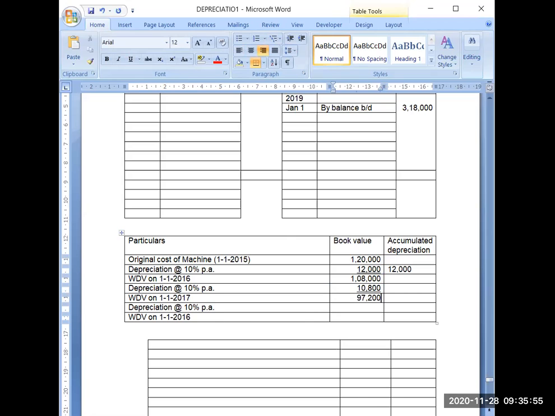Again, we will charge the depreciation at 10% per annum, and it will now come to 9,720.